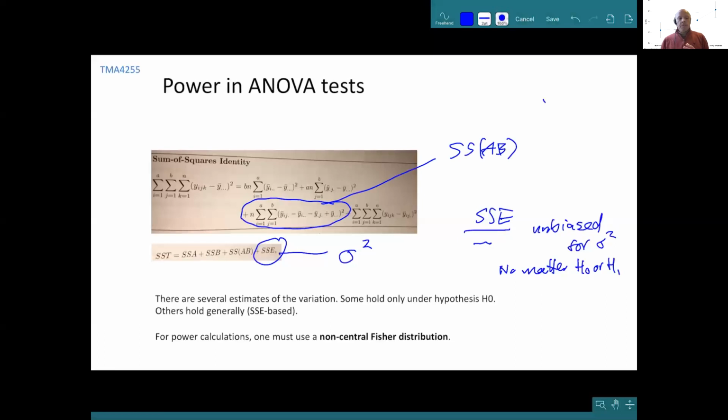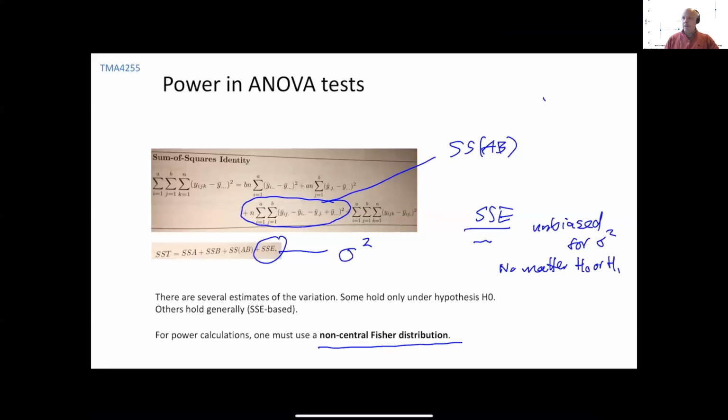But if H0 is not true, then we study the power, and we would want to quickly detect that this one is different, so that there are significant interactions. And in order to do this, you need to study something called a non-central Fisher distribution, where the numerator has a non-central distribution. We didn't discuss this so much, but this is a topic that's also important for analysis of variance.